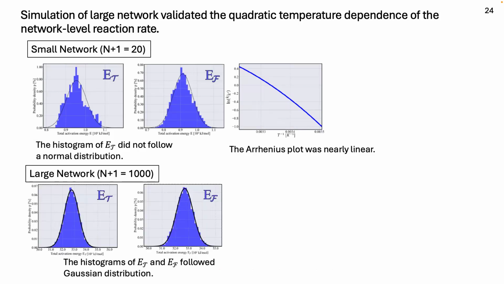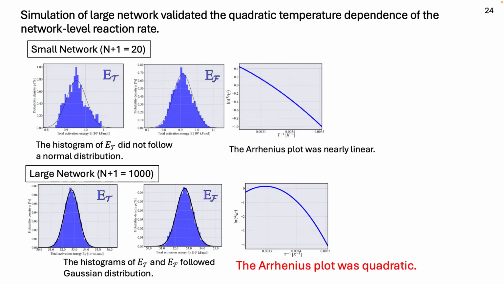And for the large network, the network size is 1,000. The histogram nicely followed a Gaussian distribution. In this case, the Arrhenius plot was quadratic, as we predicted. We confirm this theory is correct by numerical simulation.